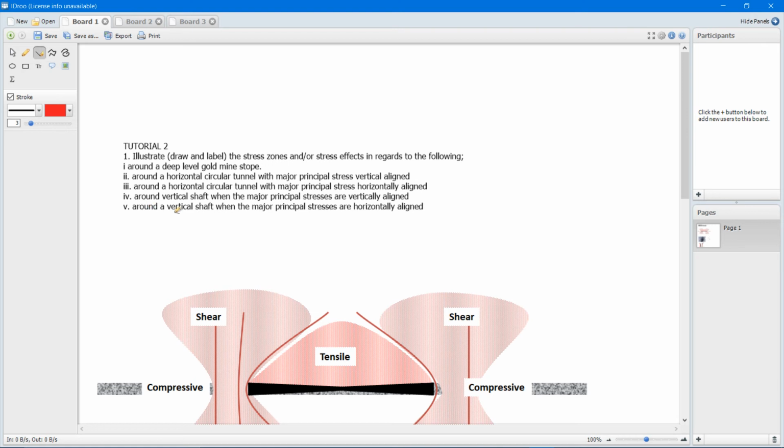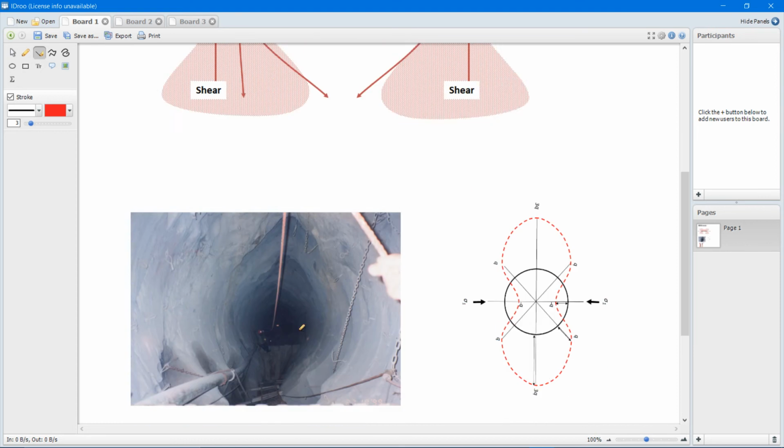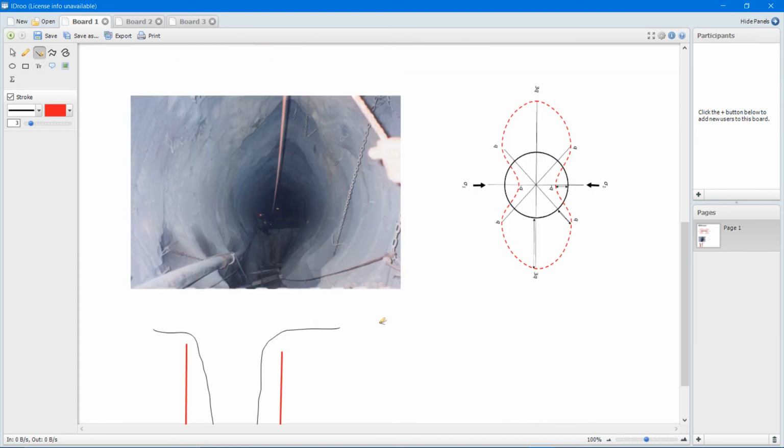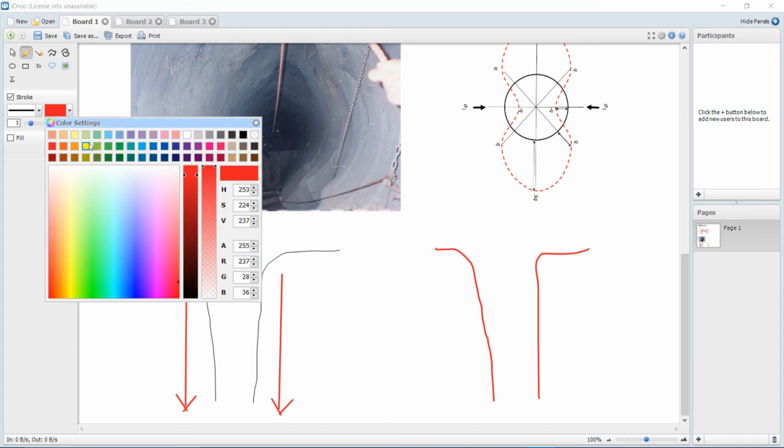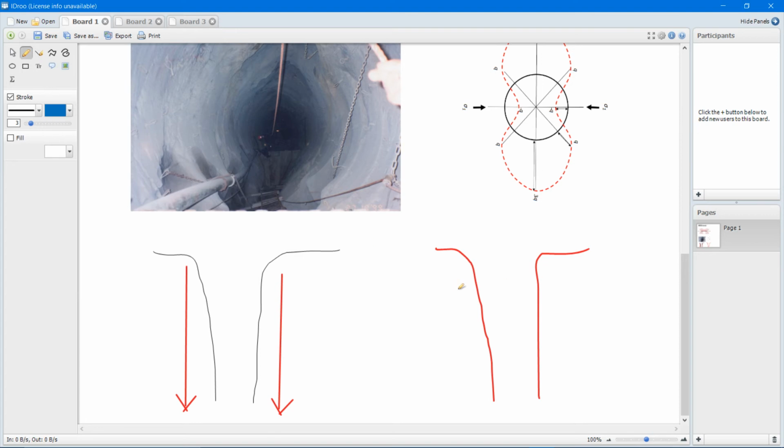Then part 5 says around a vertical shaft when the major principal stresses are horizontally aligned. Now that's a different depiction where we would have another cross-sectional view of your shaft, and then we now have an alignment which is going horizontally, right?